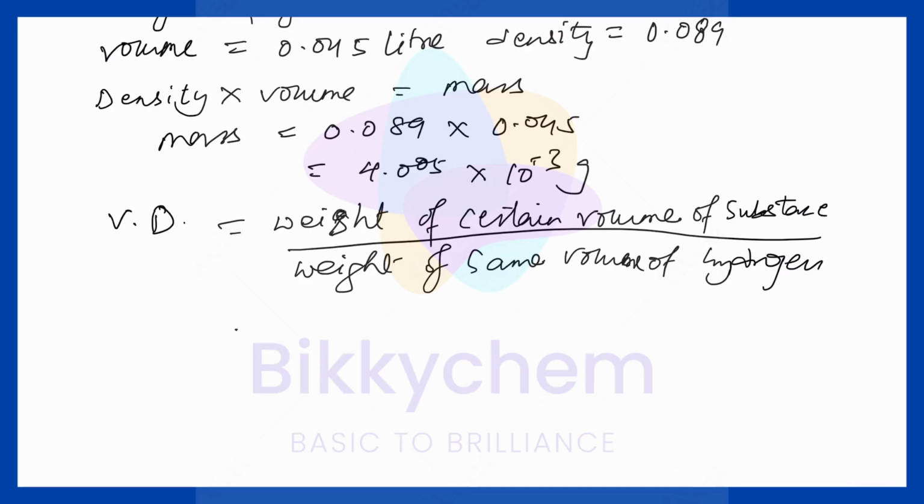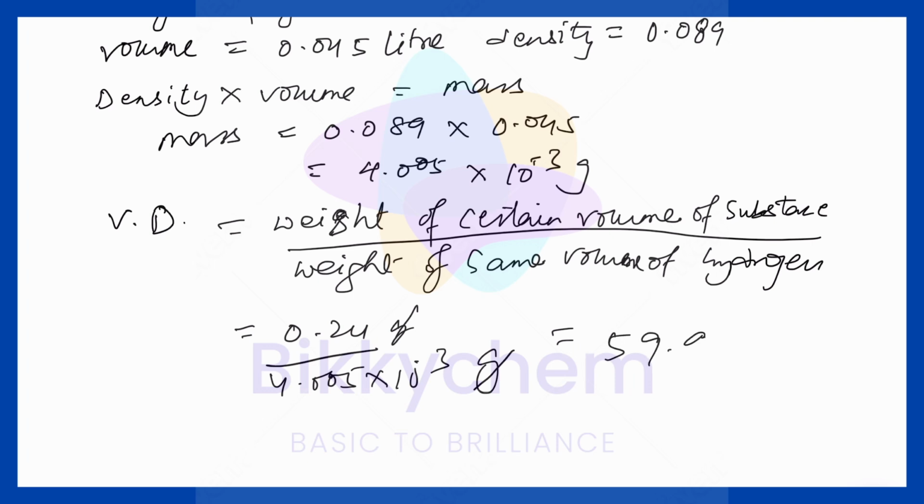So weight is given here as 0.24 and the weight of the same volume of hydrogen is 4.005 into 10 to the power minus 3 gram, which is coming as 59.93. So the option for the given question is B.